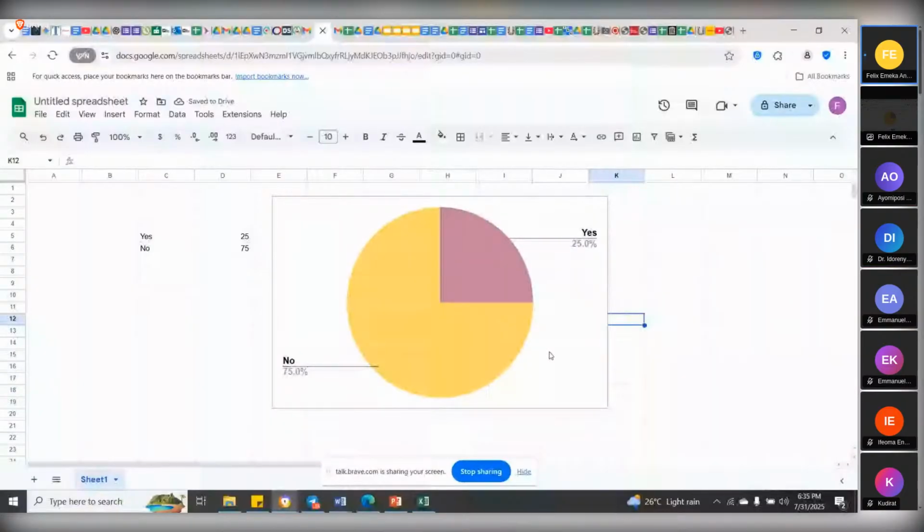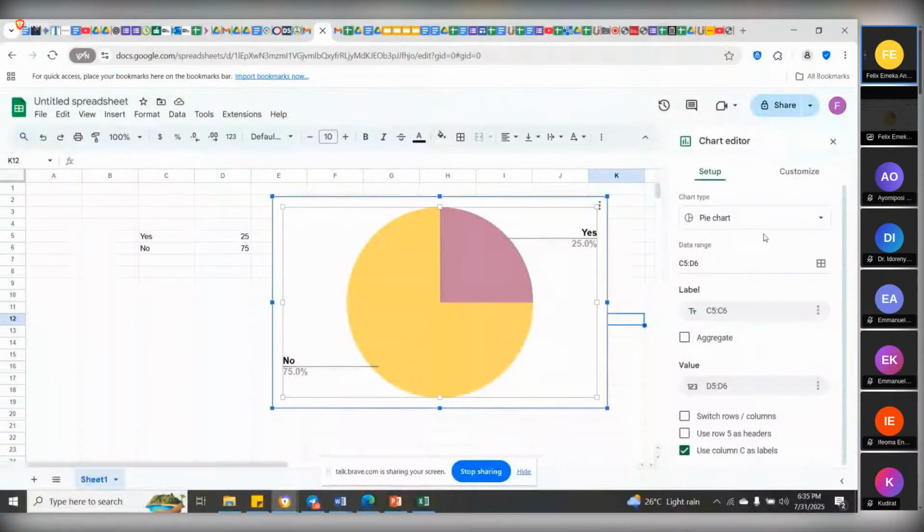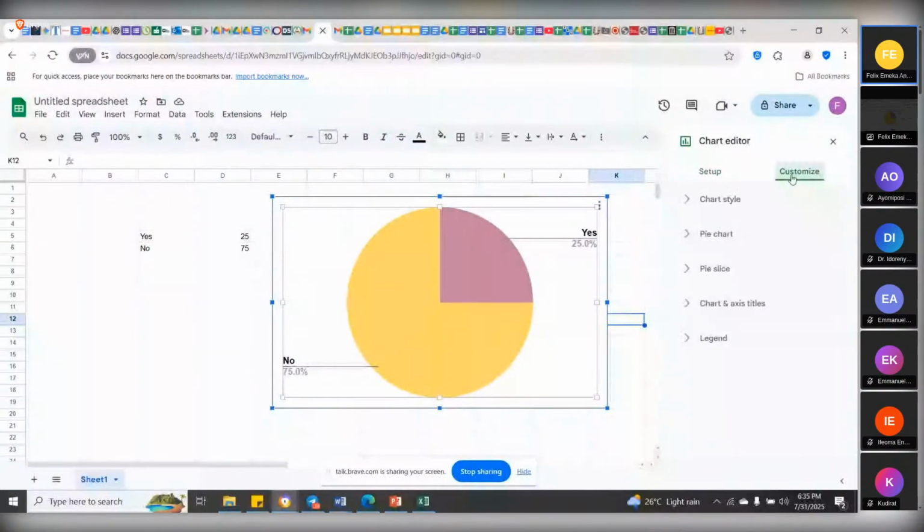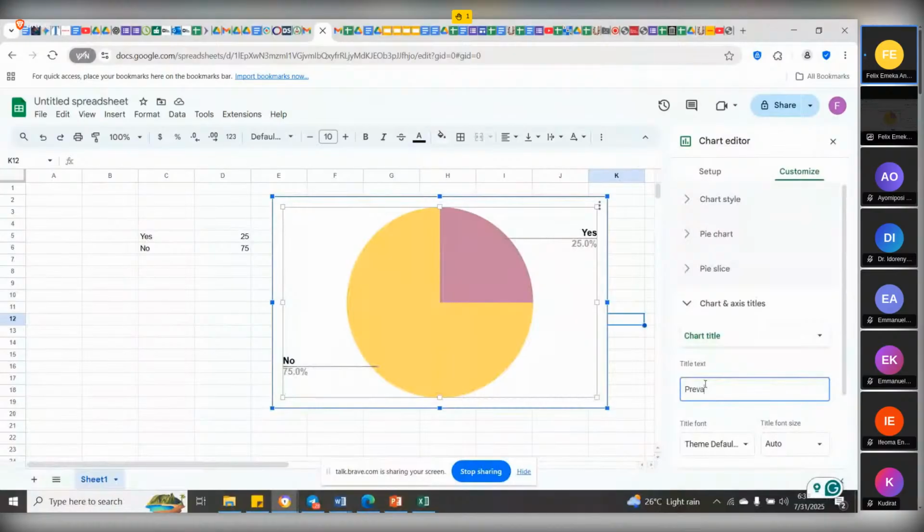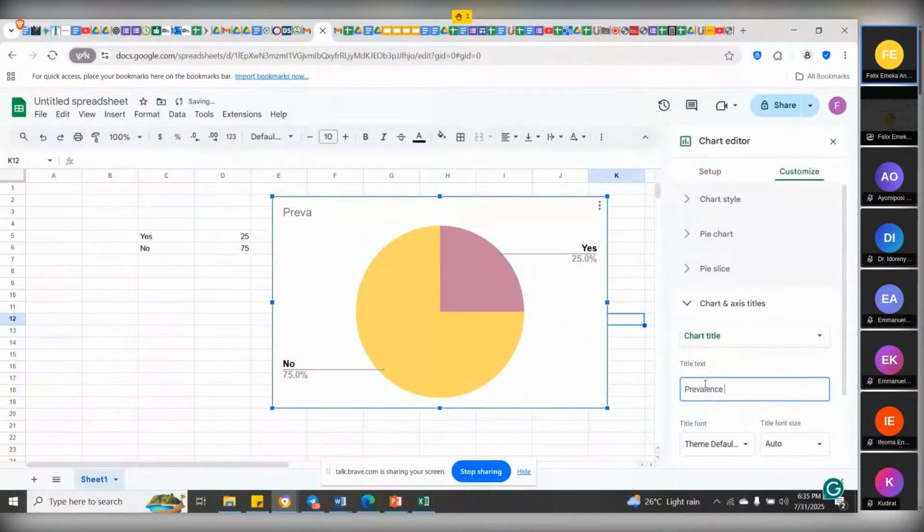If you want to title it, it's still very easy. You double click on it and it gives you options: chart style, pie chart, pie slice, chart and axis title. You go to chart title and you can title it.